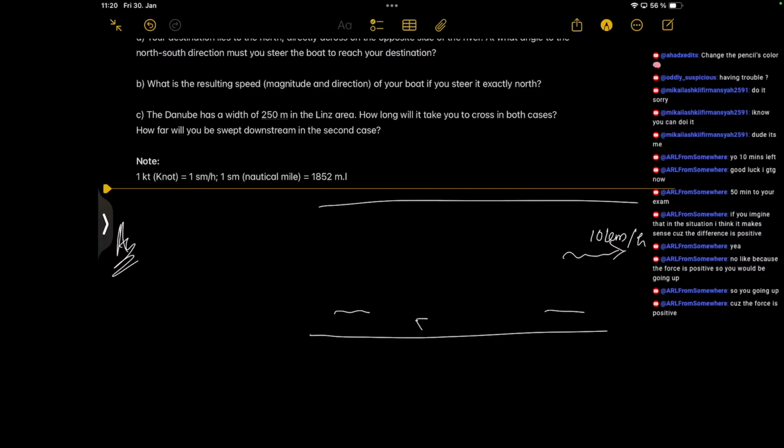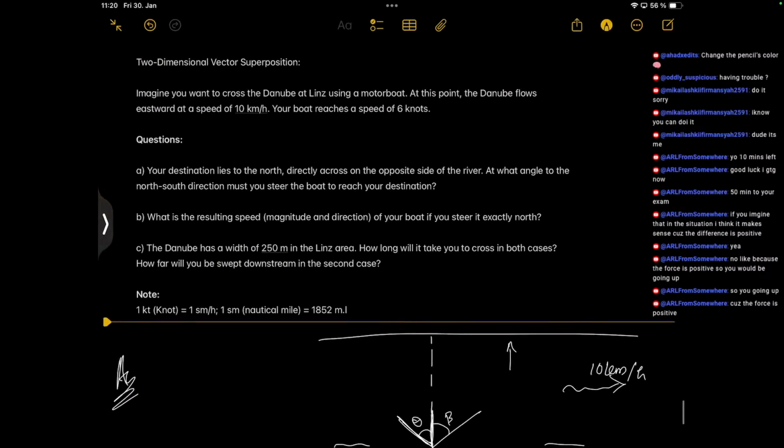Oh man, have to draw a boat. That's boat enough. So that's the first case, theta. That's the second case, beta. It's about 250 meters, right?